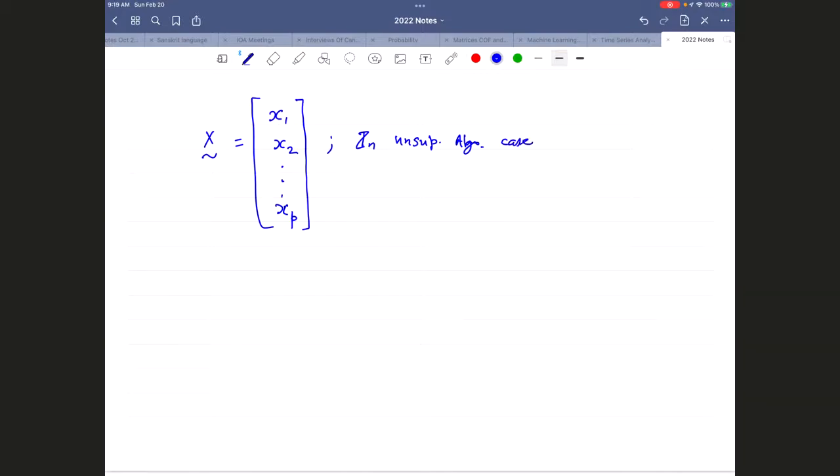We don't have Y. Remember that we do not have the Y component, which is what is called the dependent variable. We don't have that. And I talked to you about variance, covariance of the X vector, because we have only X, right? X dimensions.